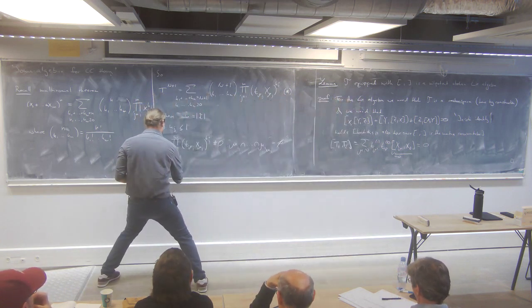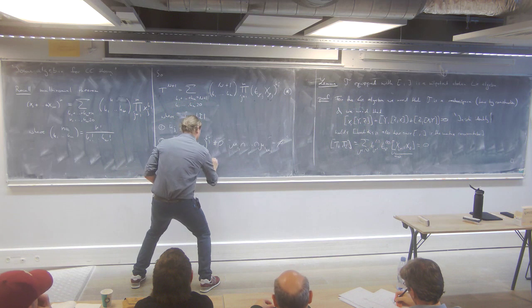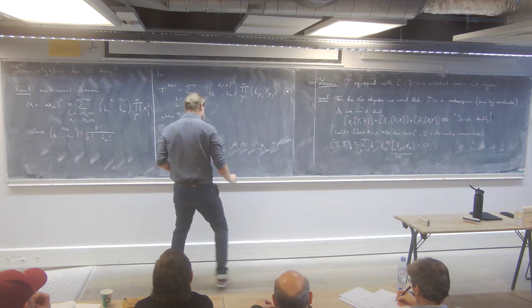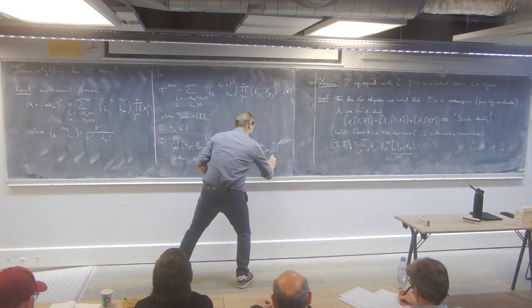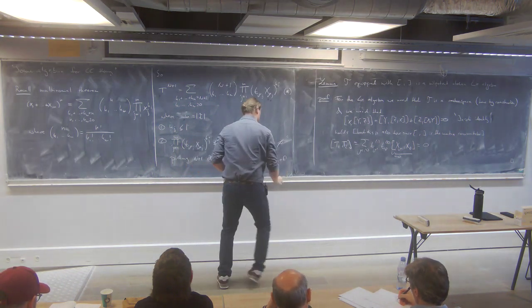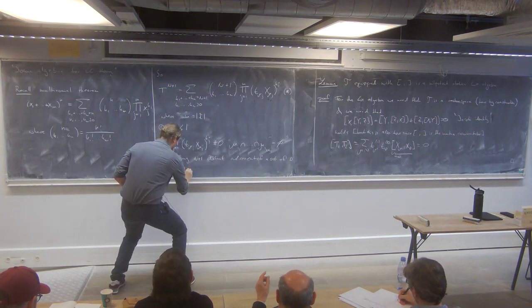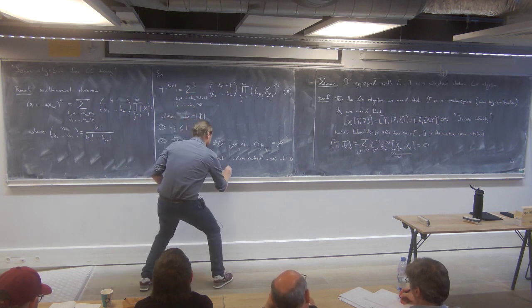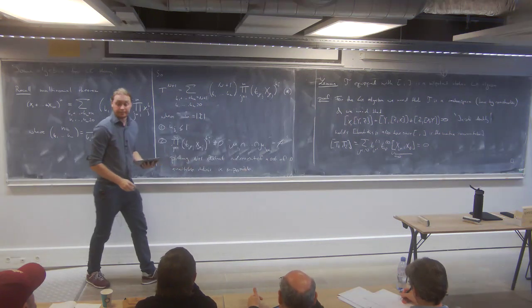Okay, so then I'm writing in words: taking n plus 1 distinct indices out of a set of n available indices is impossible.